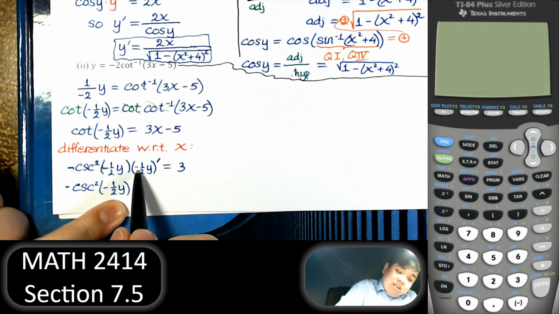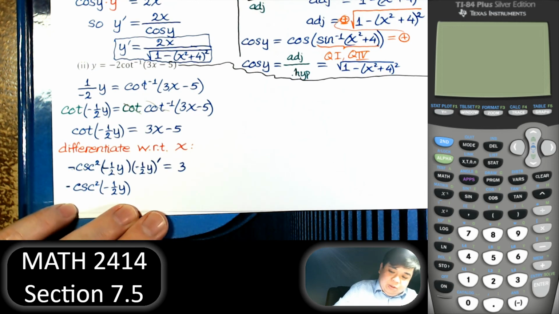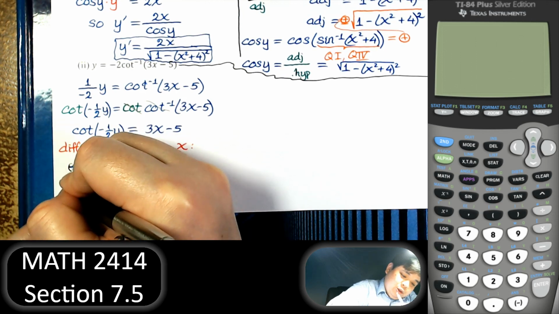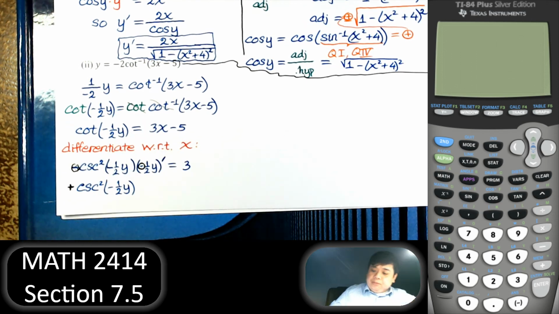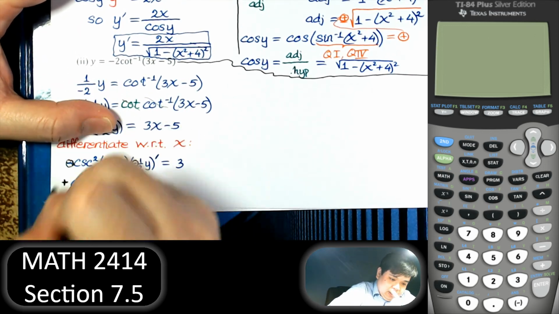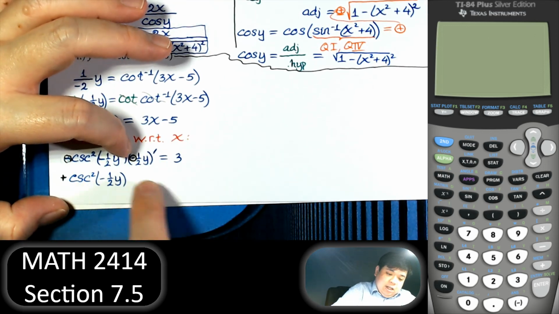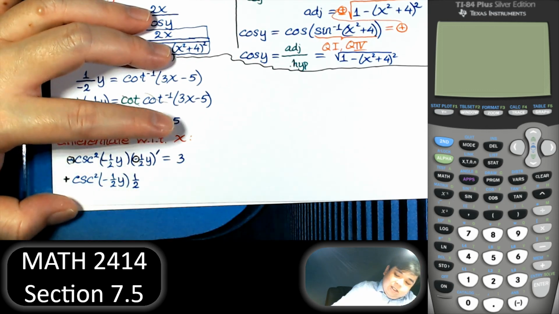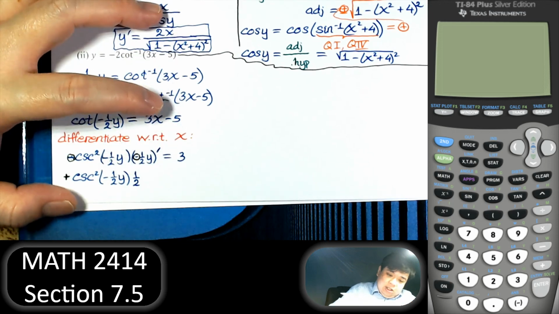And actually that negative and this negative, that's what we can do. This negative and this negative turn to positive. And then we have 1/2 derivative of y, just that.